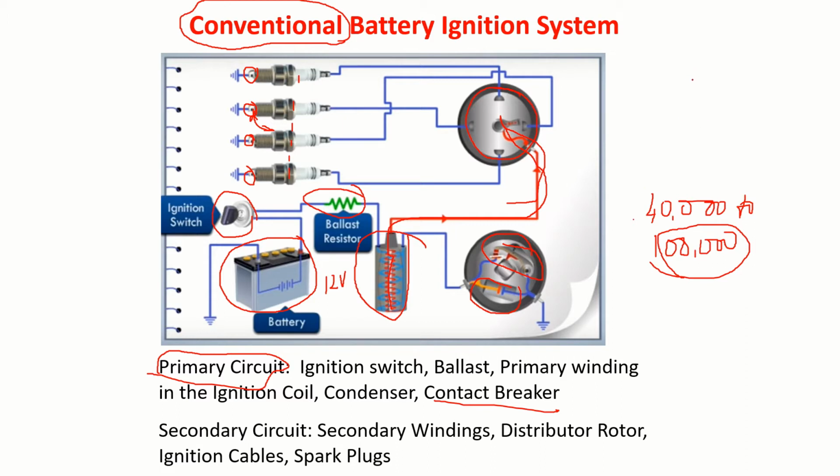So let us understand, suppose you have a magnet and there is a magnetic field like this. Suppose I have a coil of electric wire, say copper wire.